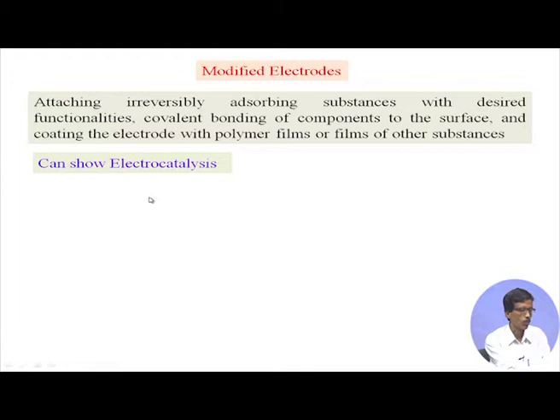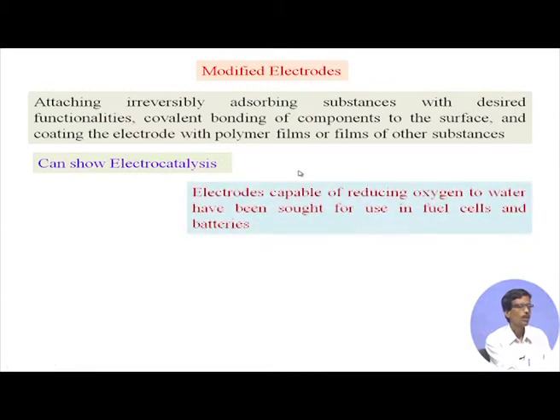That means it can go for electron transfer reaction, and as a result it can sometimes show electrocatalysis. That means the catalytic cycle is attached to that particular molecule or the species which is attached to the electrode through some polymer film or anything else.